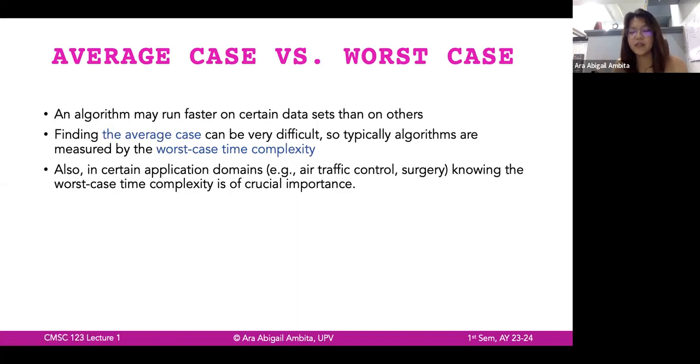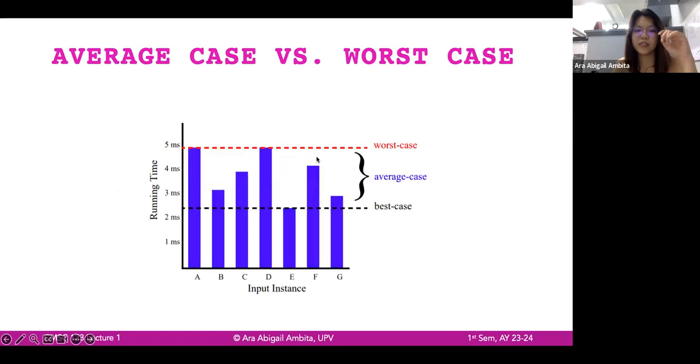That's why we typically use the worst case complexity, which can be measured using the big O notation. For example, in certain applications like traffic control or surgery, what we are interested in is the worst case time complexity because this is of very crucial importance.